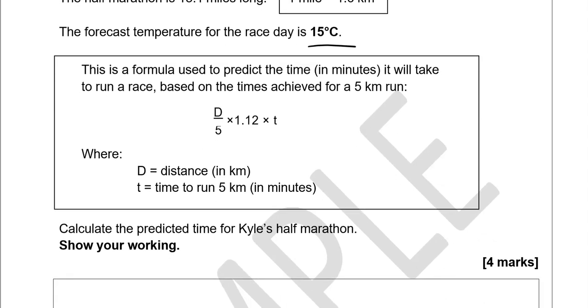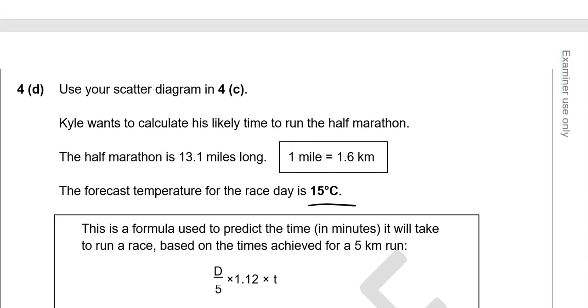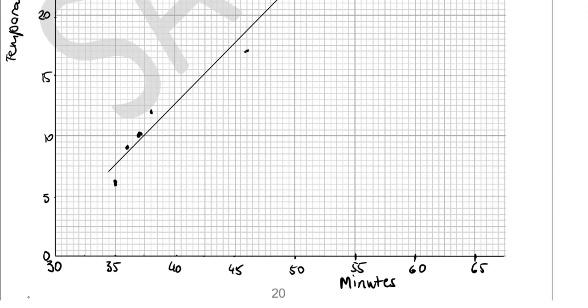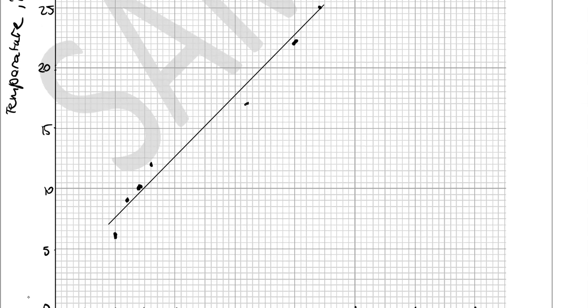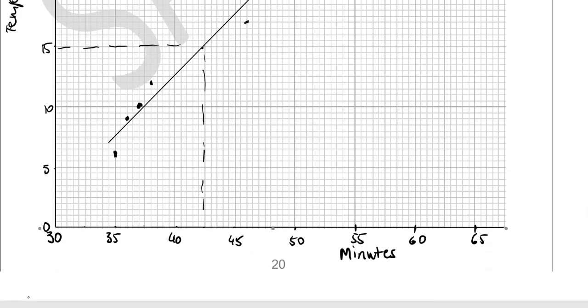Show your working. So we'll have a look first at the scatter diagram to work out how long it will take to run when the temperature is 15 degrees Celsius. So 15 degrees Celsius going down with 41, 42, about 43 minutes.